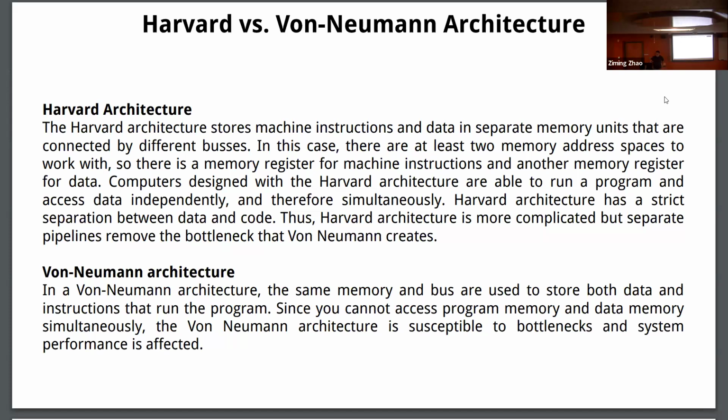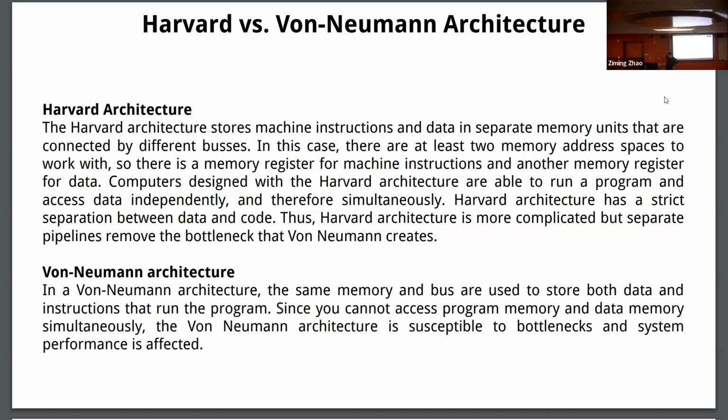Most of the computers we use right now follow this von Neumann architecture, which means the same memory or bus are used to store both data and instructions that run the program. So there is one channel that we get both data and instructions from. At least at the hardware layer, most of our computers are designed that way.